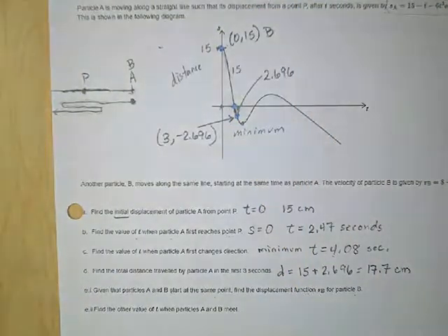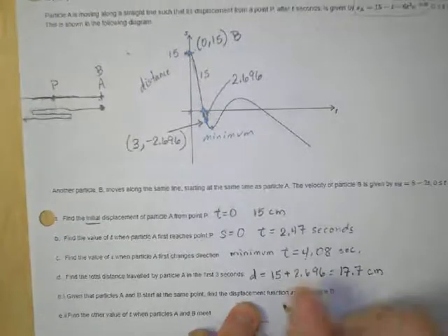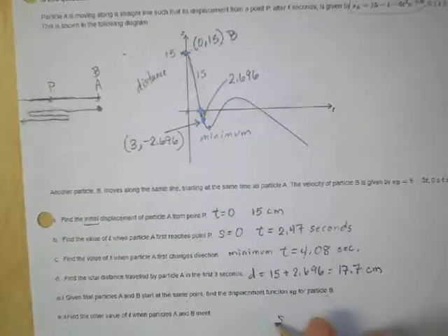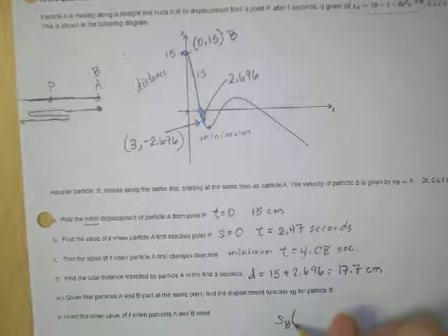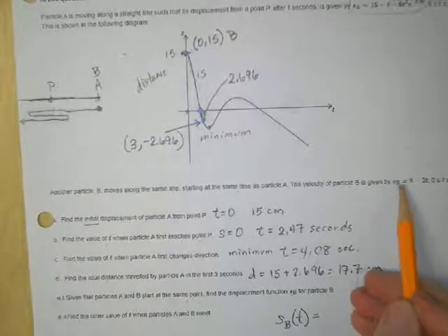All right, so find the displacement function. So we have the velocity function. So the displacement function, and they're calling it S sub B, S sub B of t is going to be equal to the antiderivative of the velocity.